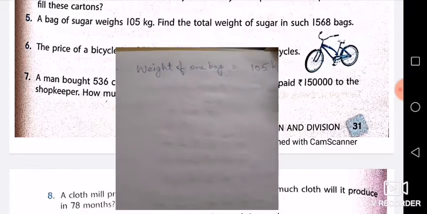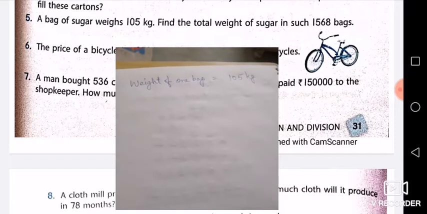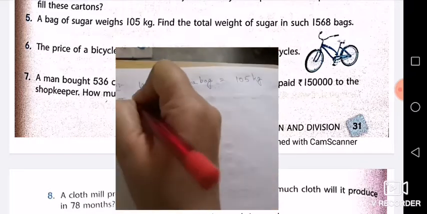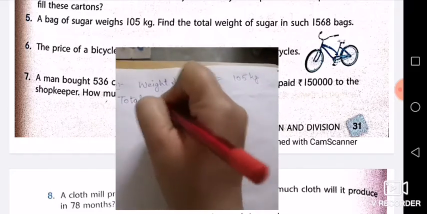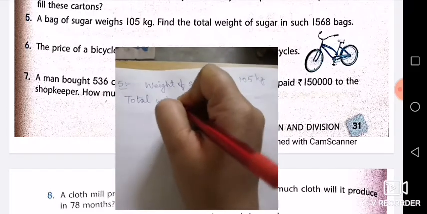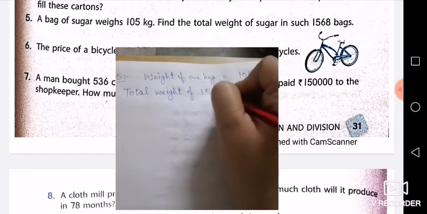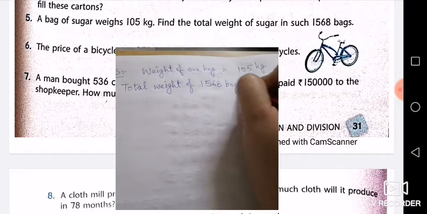So what you have to find out? Total weight of 1,568 bags.